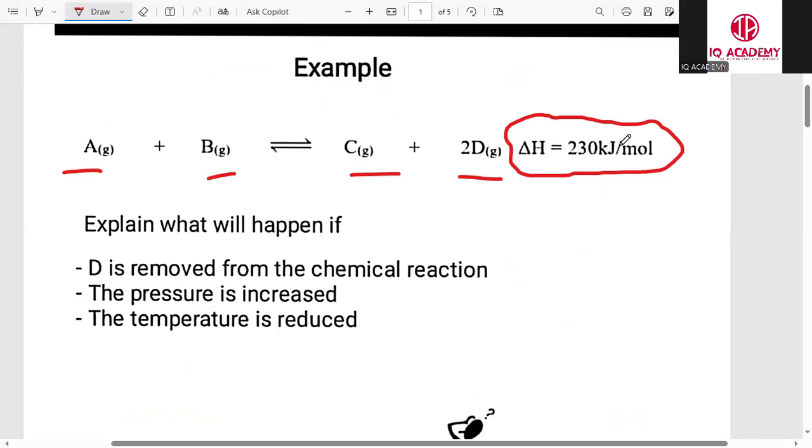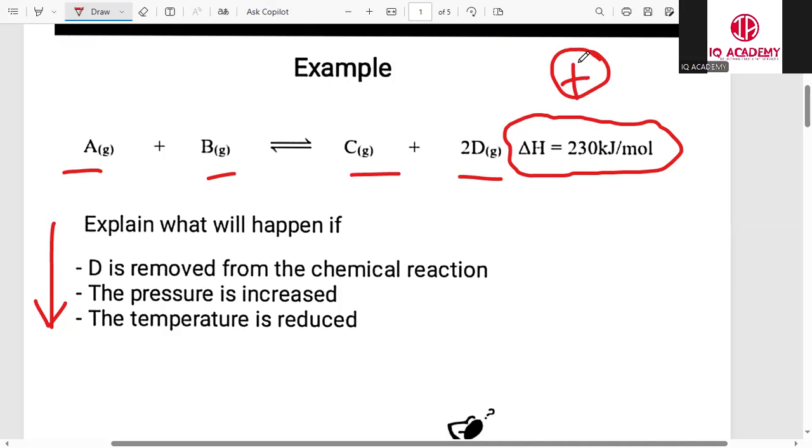The energy that they show here will help you answer all these questions. The change in energy, or the delta H, is 230 kilojoules per mole.